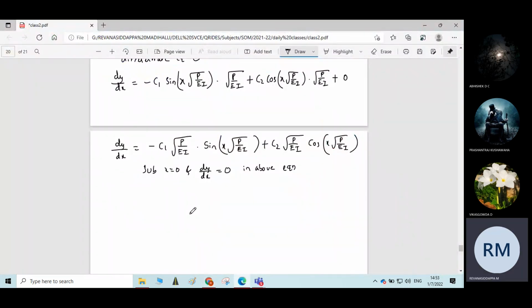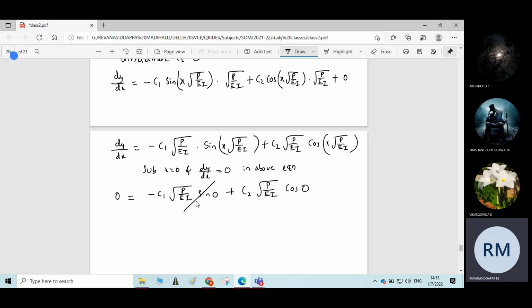Now dy by dx equal to 0 is equal to minus c1 root P by EI into sin 0, plus c2 root P by EI into cos 0.